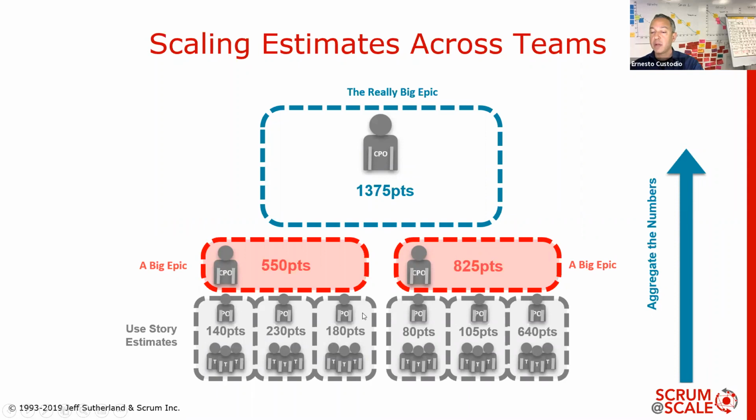And within the points that make up that epic, we have our big epic points aggregated or added together. And combining those big epics into the chief product owner epic, we could arrive at an estimated point based on simply the addition of the individual teams, the chief product owner, and the chief product owner network. Yep.